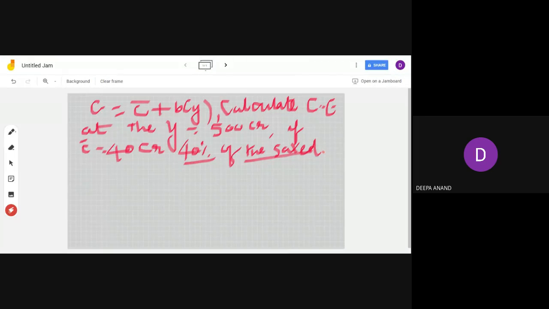So if 40% of the additional income is saved, what does it depict? 40% of the additional income saved means what is given?